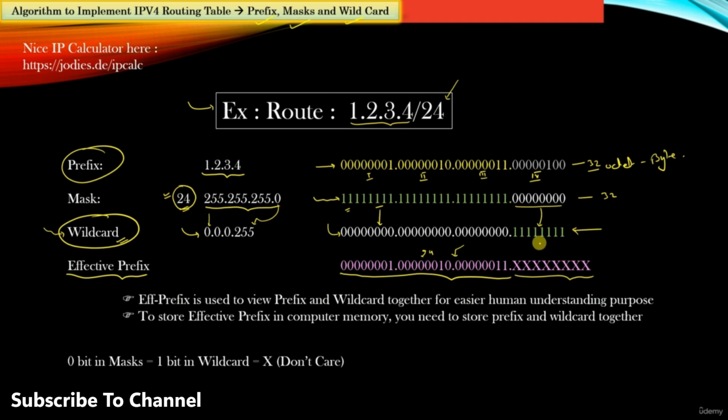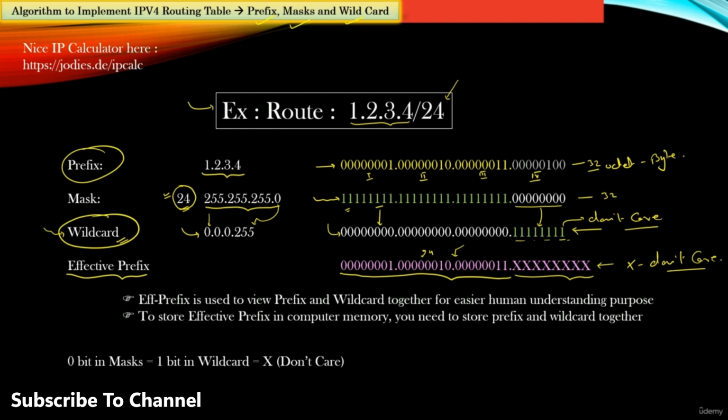So in a wildcard, in whatever positions you have 1, just replace those 1s and represent them by X. So here X represents don't care. Alright. So in the wildcard, those bit positions where you have 1 are don't care.